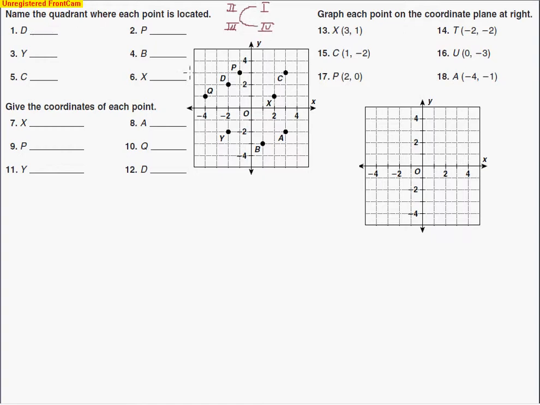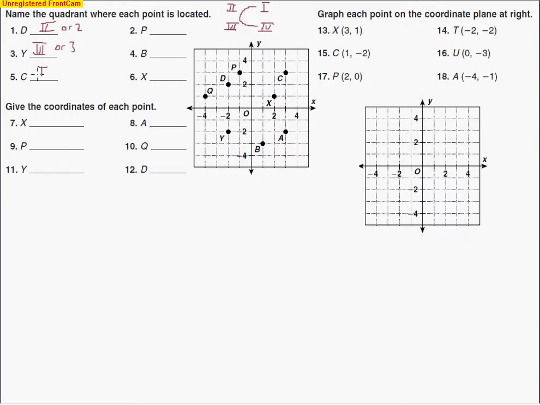So D. We look for D, and notice it is in quadrant number 2. So you just write number 2, or if you write down 2 this way, that's fine as well. And then Y, we look for Y, and that is in quadrant number 3, or if you write 3, that's fine as well. C, that's quadrant number 1.